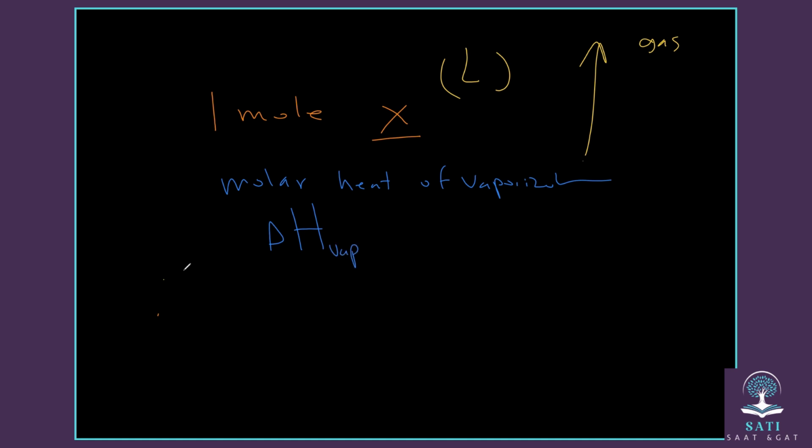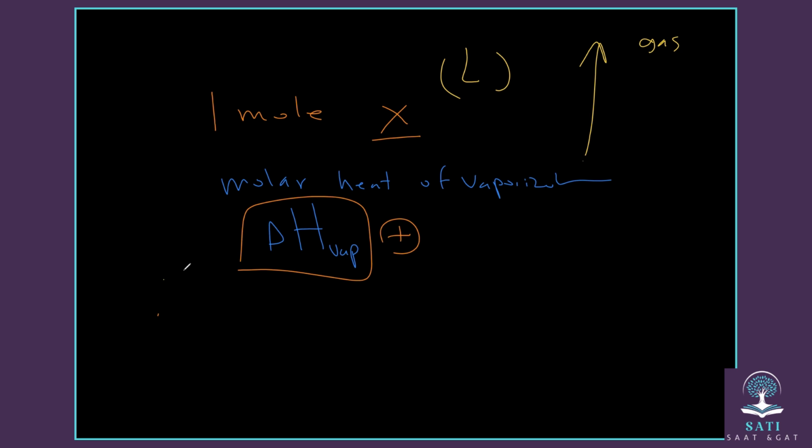We can write it this way. So when we write this one here, it means molar heat of vaporization. So whatever the number is, will it be positive or negative? It will be a positive number. Why will it be positive? Because this one is an endothermic reaction.